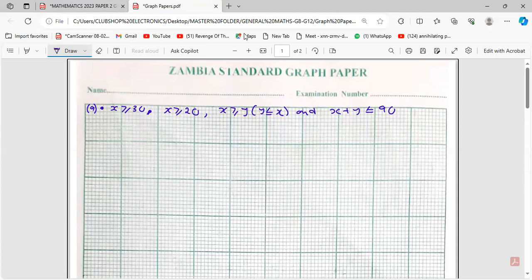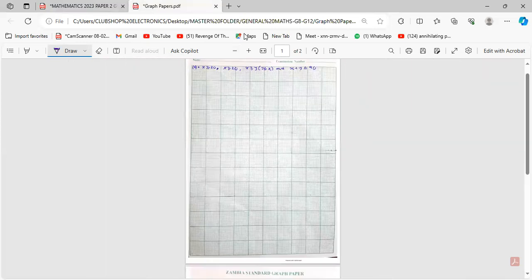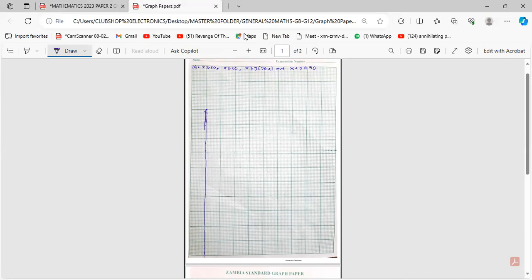We're going to do this. Get your ruler and draw a line. I'm just using freehand here.